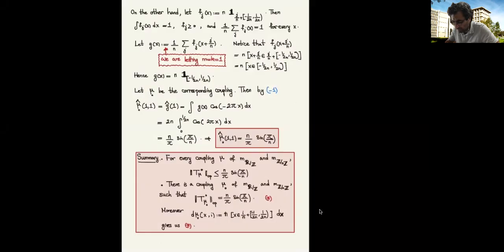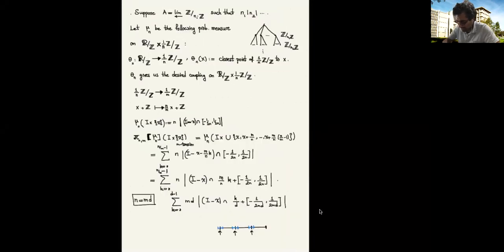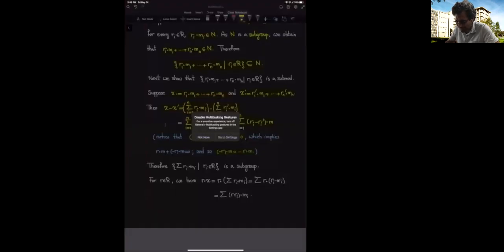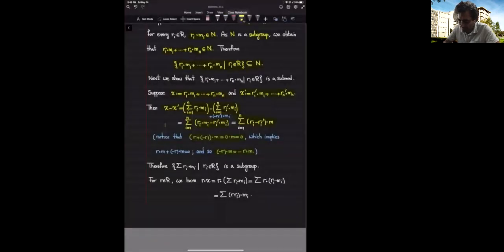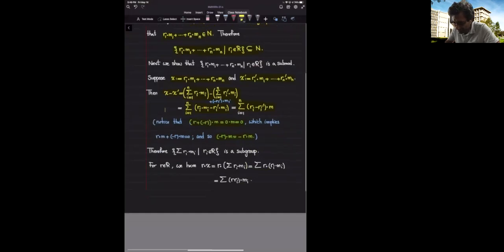And as you can see over here, this is still an R linear combination of m sub i's. It is still in the same set. So this means that this is a subgroup because it is closed under taking difference.